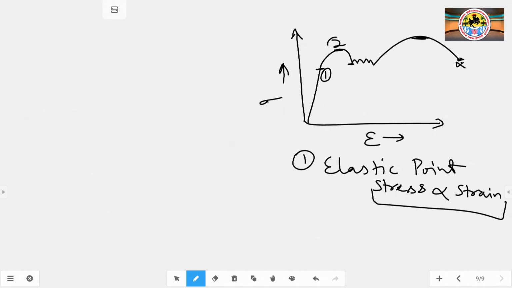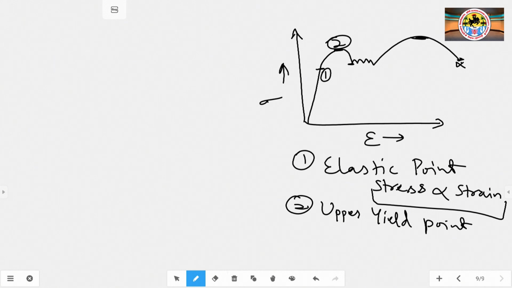Point number 2 is known as the upper yield point, where yielding begins. In between these two points, we are continuously applying force, pressure.